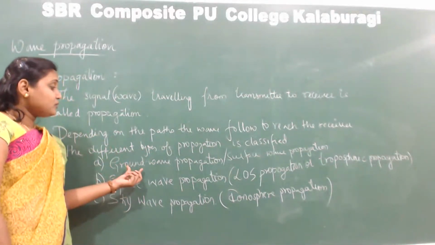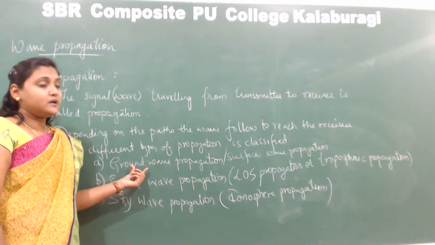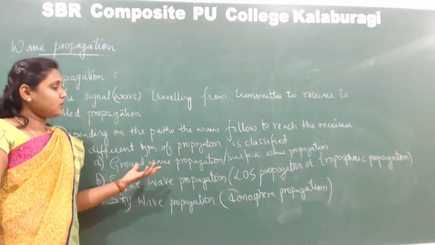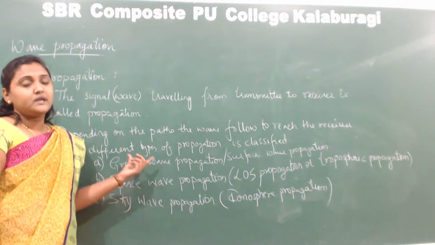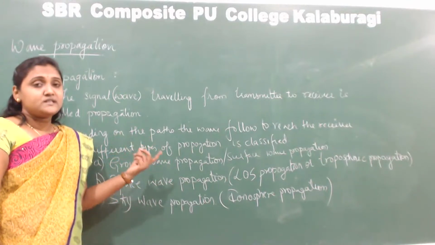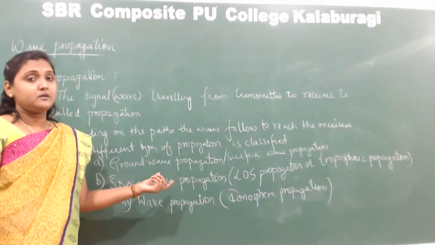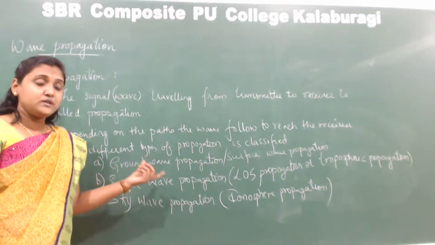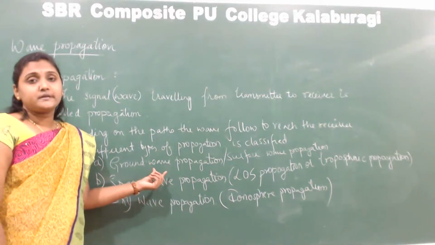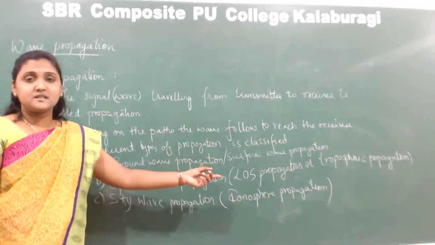The signals that follow the path of the surface of the earth are called ground waves, and the propagation taking place with the ground waves is called ground wave propagation. When the signal is transferred from the transmitter, it follows the surface of the earth. Such propagation is called ground wave propagation.